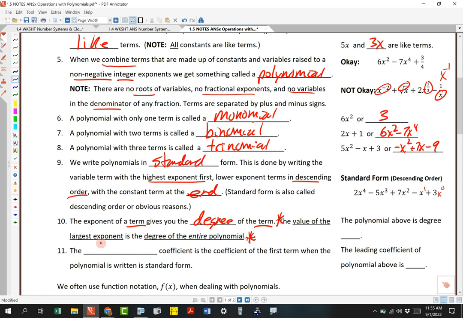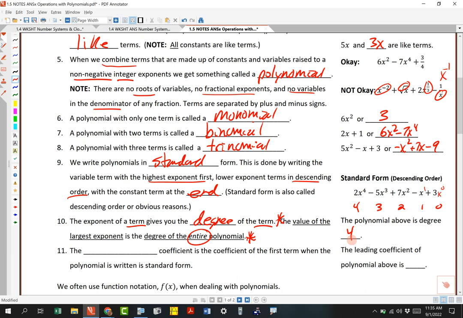So the value of the largest exponent is the degree for the entire polynomial. So for the one up above, the degree of this one is degree 4. The degree of this term is degree 3, degree 2, degree 1, and degree 0. But the polynomial, if we said, hey, what degree is this polynomial? We just say what the highest one is. What's the biggest one? So that's degree 4.